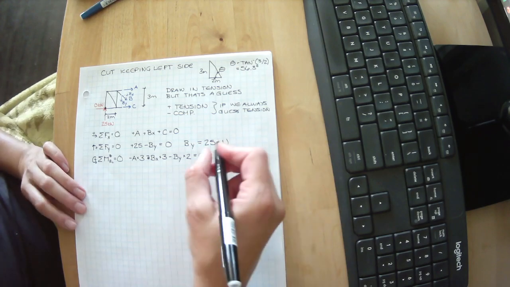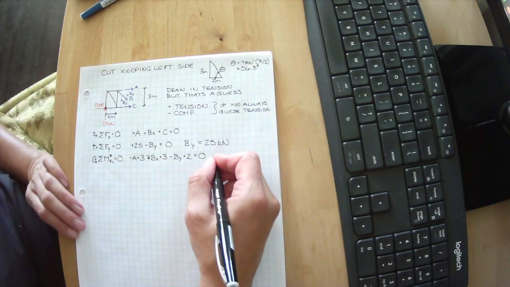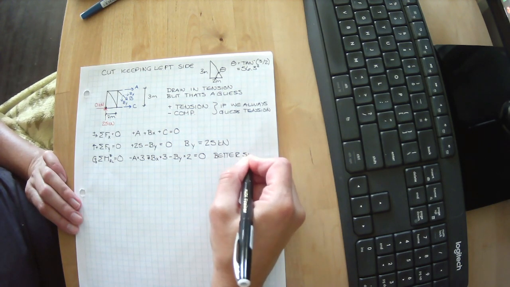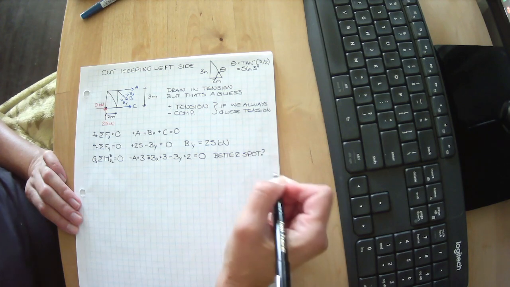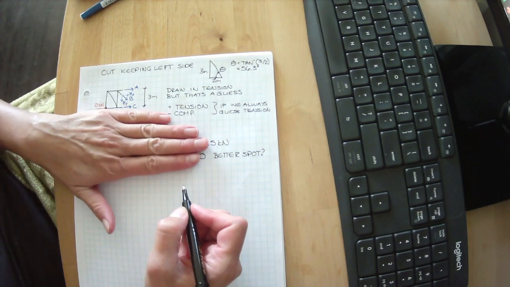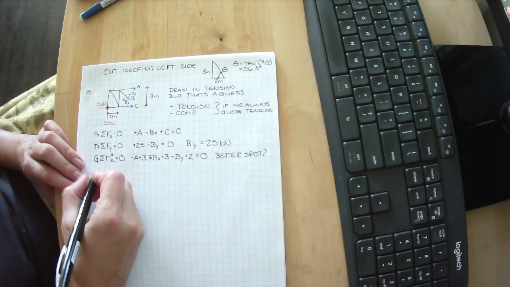What if I don't like this spot that I picked? I know solving for reactions, I always picked that node there. Let's try something different. You could still go through this and solve for this. We have the ability to solve this problem already. I'm going to show you a better spot to make the cut.